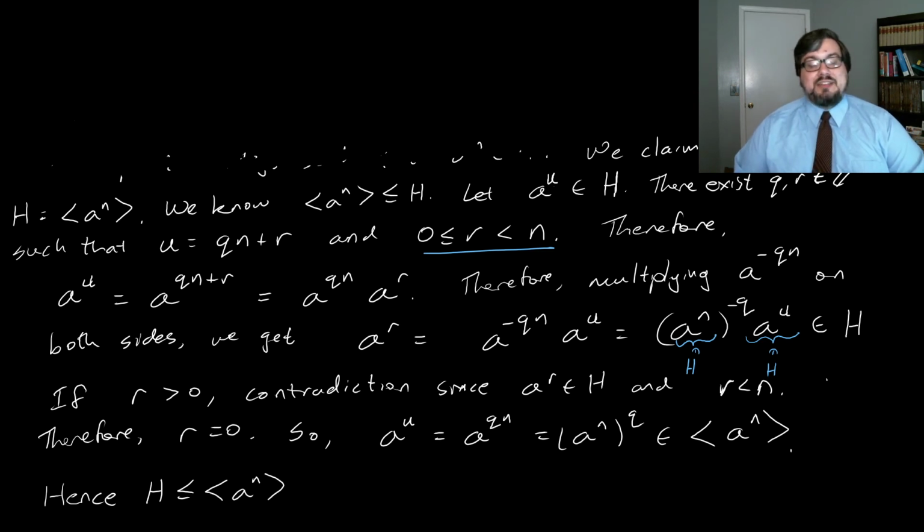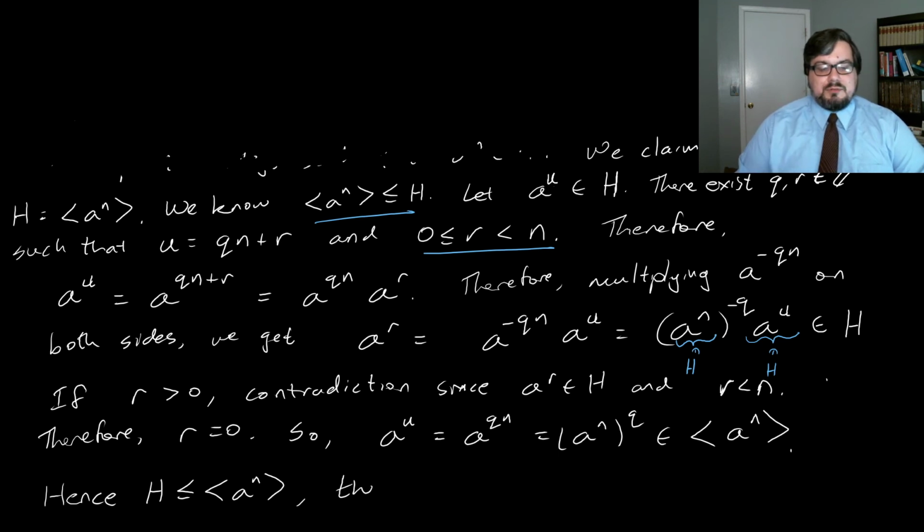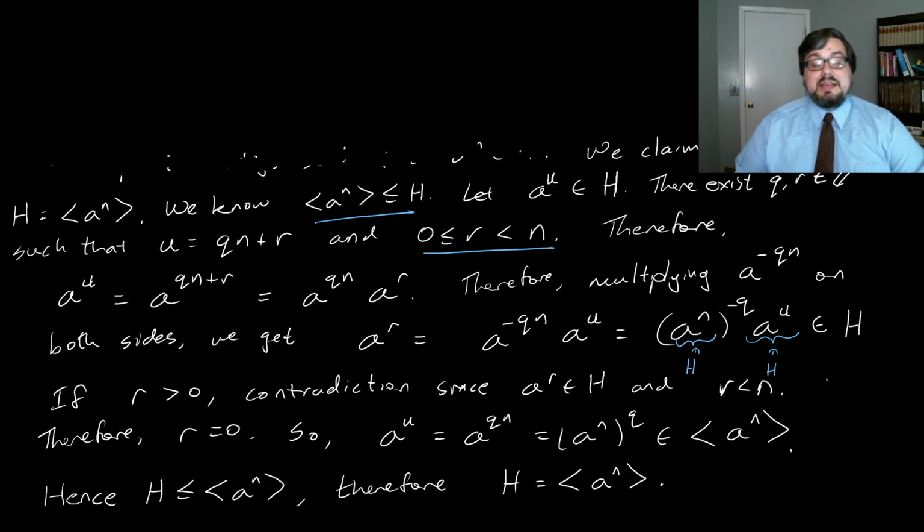So we have that H has to be a subgroup of the subgroup generated by a to the n. But we already had the other direction, and therefore we have that H equals the cyclic subgroup generated by a to the n.